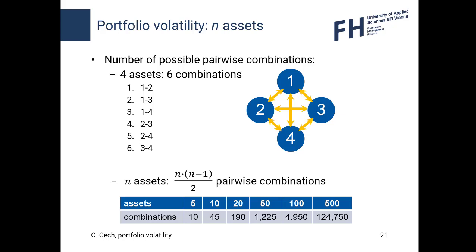For 20 assets, for example, if you want to calculate the volatility of the ATX on the basis of its 20 constituents, you already have 190 combinations. And consider the case of the S&P 500 consisting of 500 stocks. Here you have 124,750 possible combinations.